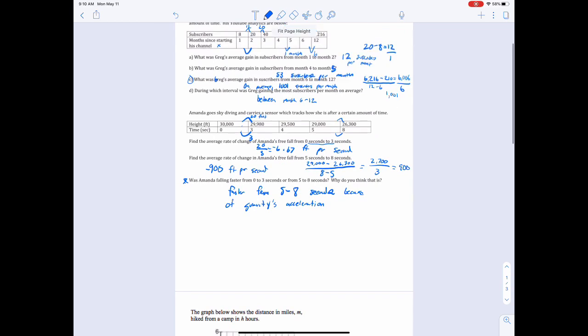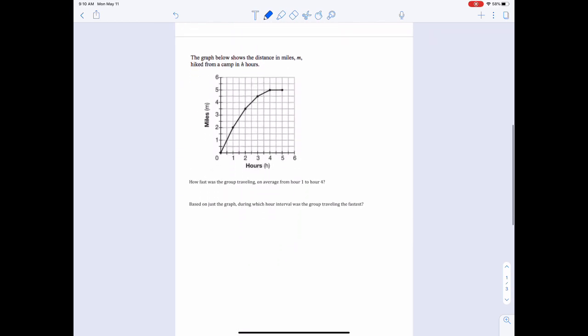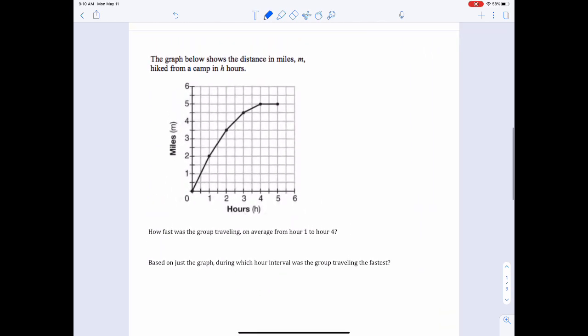All right, last question here. We got a graph, so we might think things are crazily different, but they're really not. Let's look here. The graph below shows the distance in miles m hiked from a camp in h hours. So it's tracking how far they've hiked after a certain amount of time. How fast was the group traveling on average from hour 1 to hour 4?